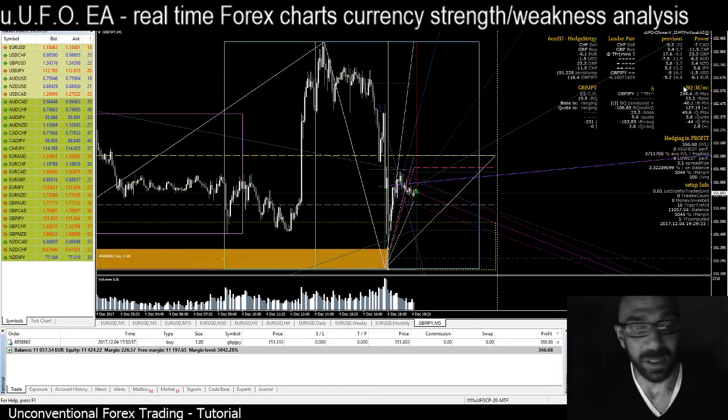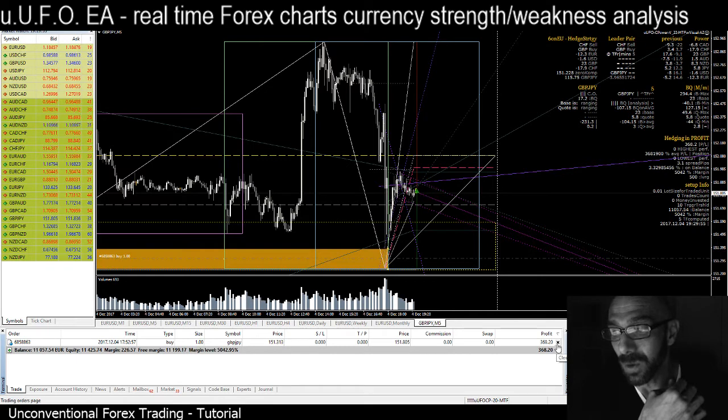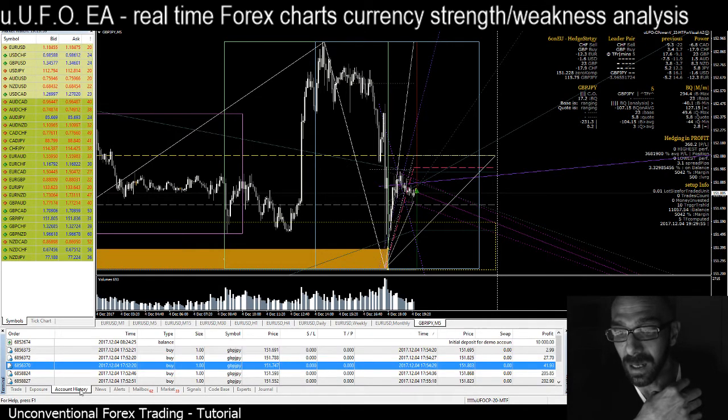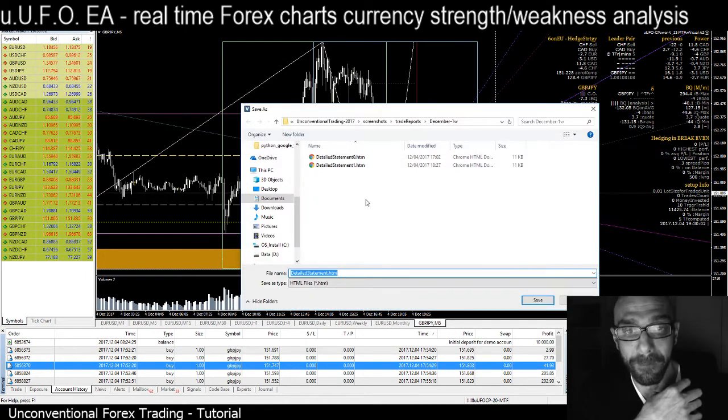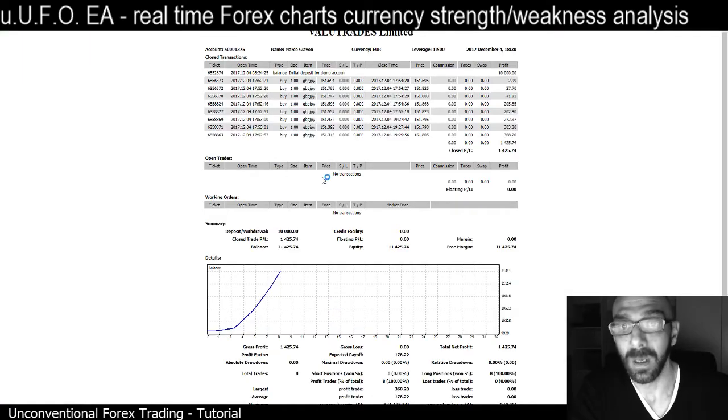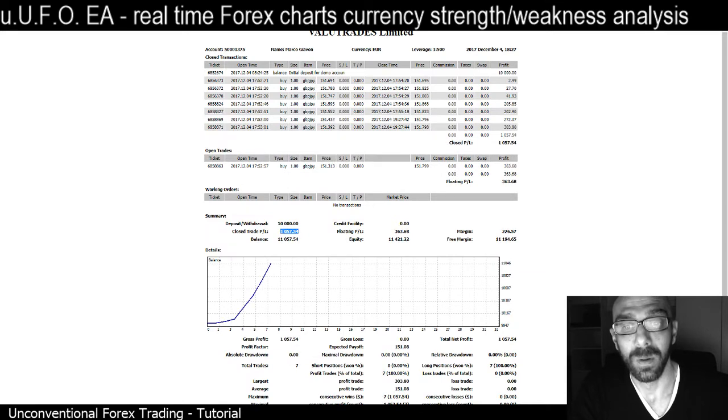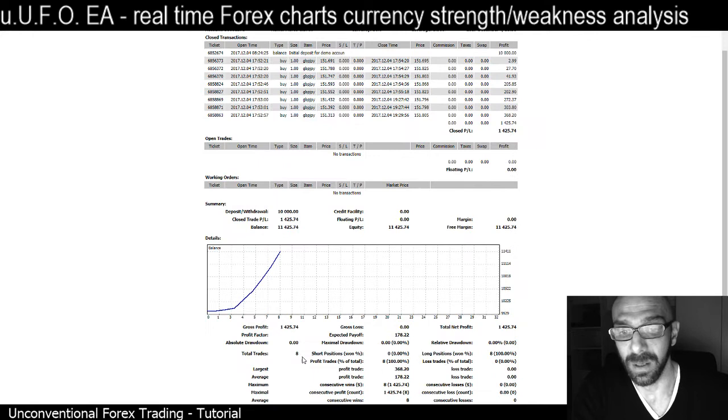So, as this is just for example and to explain the values and the visualization of what we are looking here, the only thing that I can say is that by also closing this trade and making a final account history for today, okay, with only 8 trades, we just got this profit.